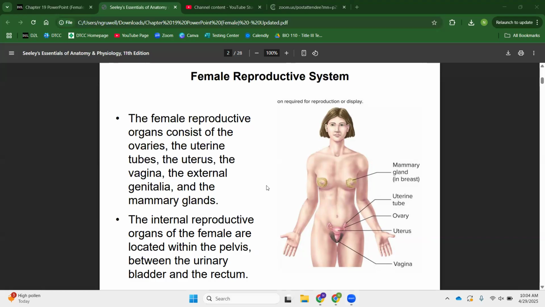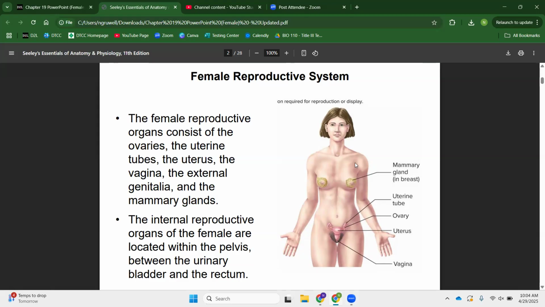So just like the male system, we'll go through all of our different parts and we'll discuss the hormone changes and differences from the female to the male system. So if you remember, we talked about a few hormones like GnRH, gonadotropin releasing hormone, luteinizing hormone, which was LH, and follicle stimulating hormone, which is FSH.